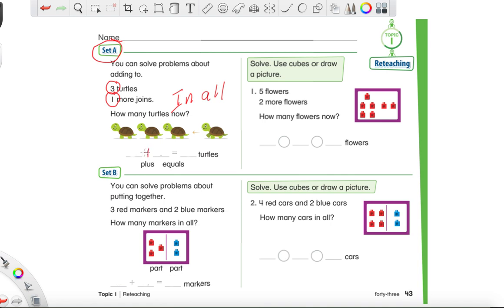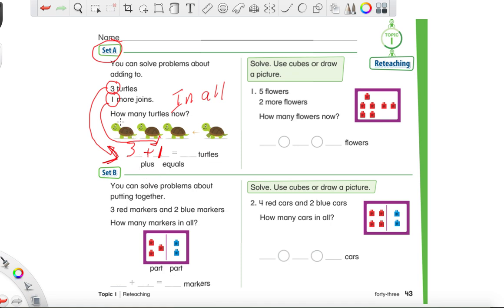Okay, so we have our plus sign here. So we have 3. We're going to put that right on the first line here. Not the most beautiful arrow, but that's okay. So we have 3. Then we take our second number, which is 1. Put it right on the next line. And now you can use the picture to help you.